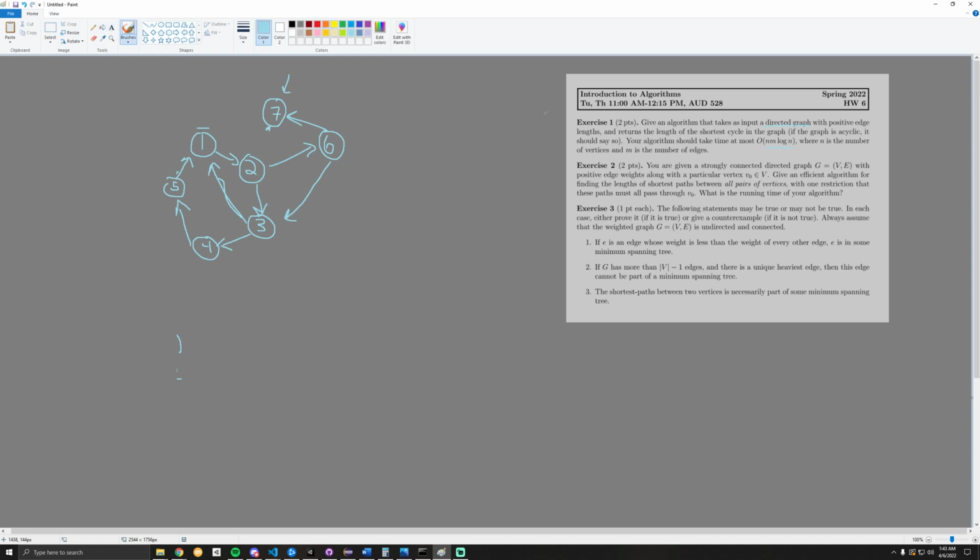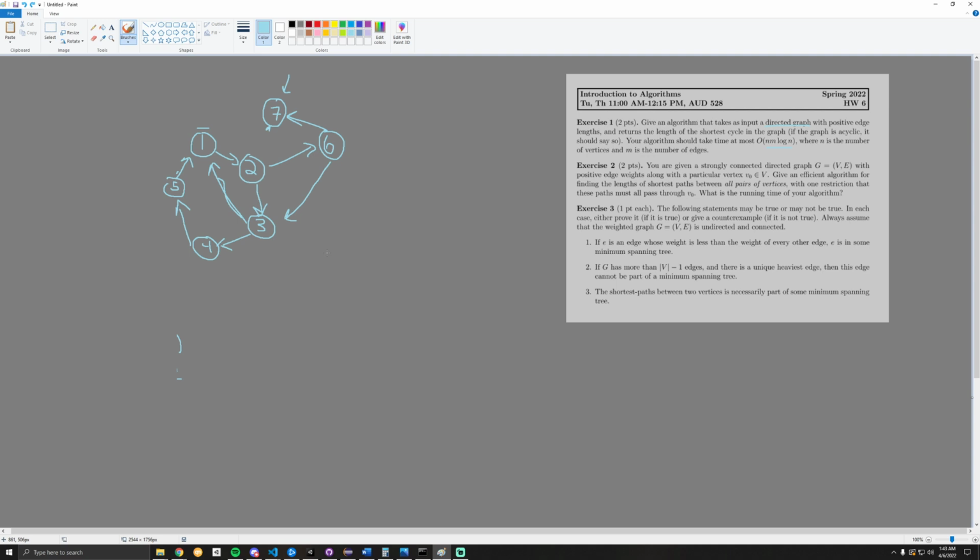You are given a strongly connected directed graph, G of V, E, with positive edge weights along with a particular vertex, V. Give an efficient algorithm, they don't specify, they say efficient, for finding the lengths of shortest paths between all pairs of vertices with one restriction, that these paths must pass through V0.